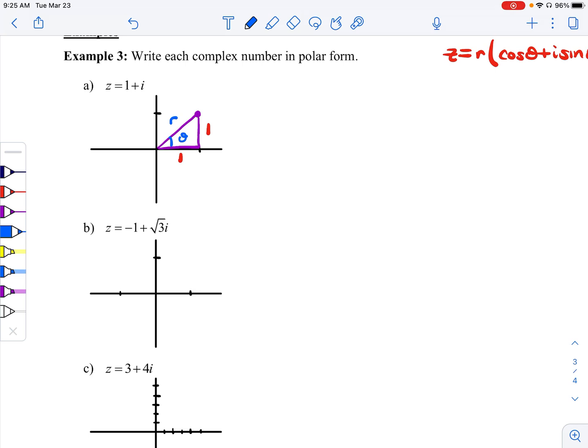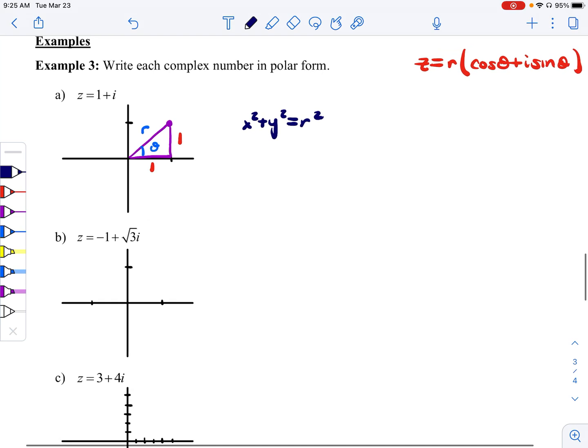Now again, going back to what we learned about polar coordinates, you may recall that in order to switch from rectangular into polar, we had two formulas. One is just our Pythagorean theorem, x squared plus y squared is equal to r squared. That's going to help us find our radius.